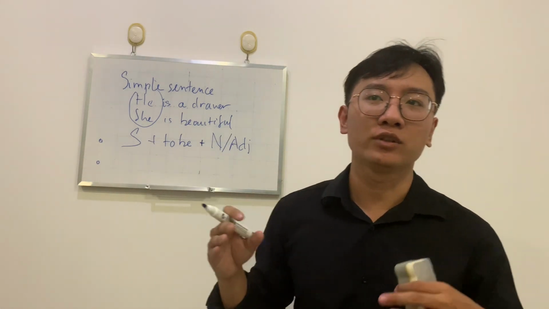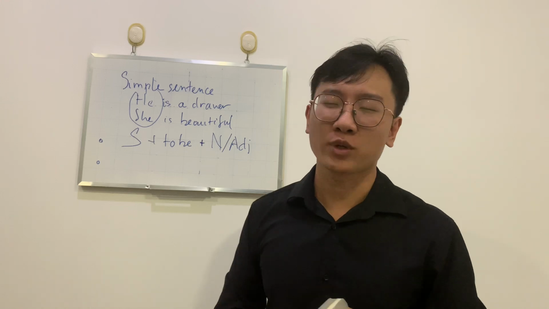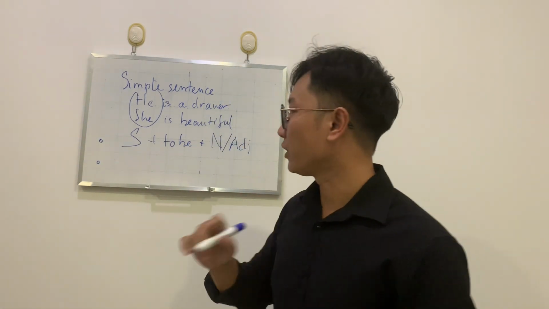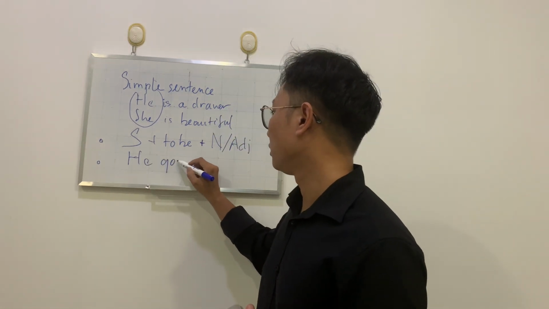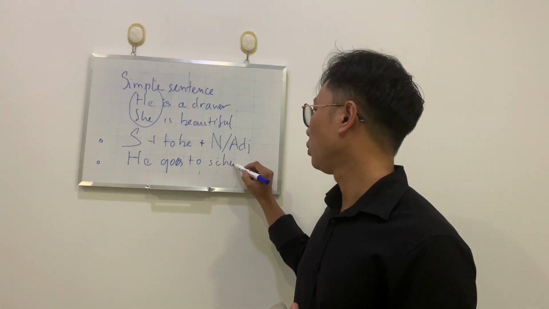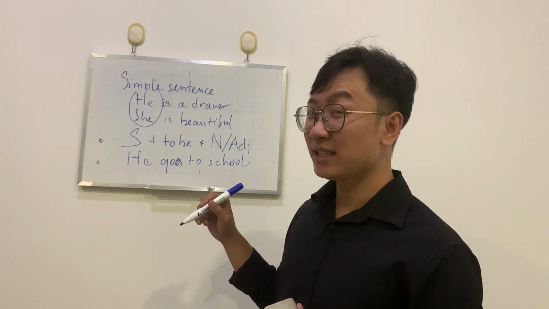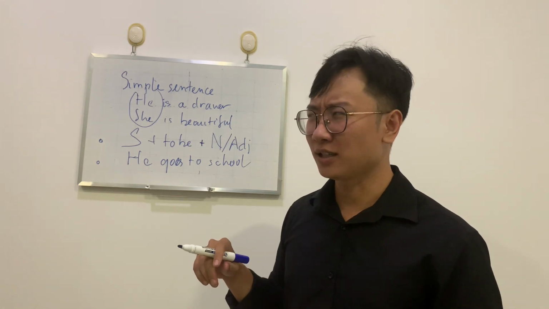All right. Now, what if I tell you guys that there is another way to construct a simple sentence? Okay, so I'll give you this. He goes to school. Okay, is it a simple sentence, or a complex sentence, or a compound sentence?